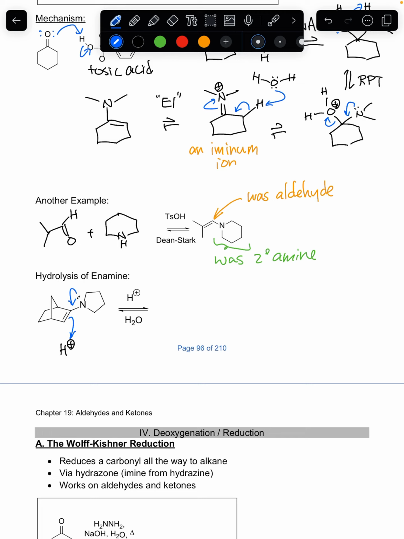You could protonate the nitrogen directly for sure, but if you protonate the carbon, the enamine carbon, you would get this iminium cation species that is resonance stabilized.